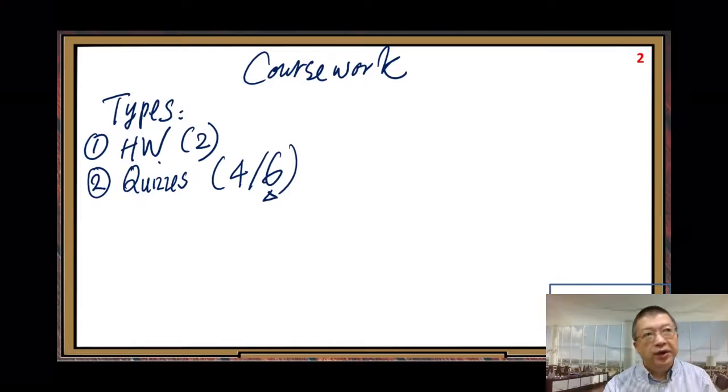In this way, you can avoid relatively bad grades. Sometimes, due to some special reason, you may have a bad quiz grade, so you don't need to worry about that.